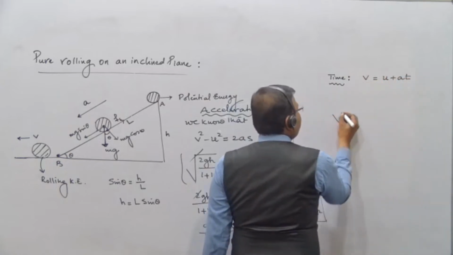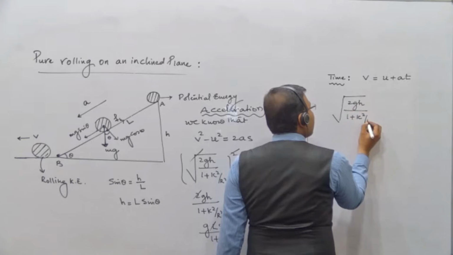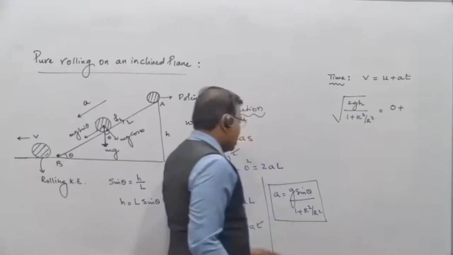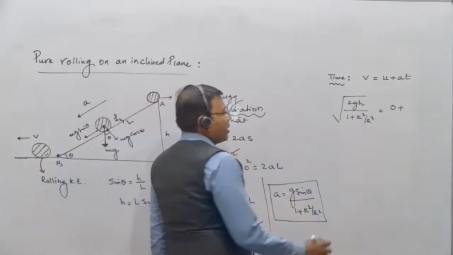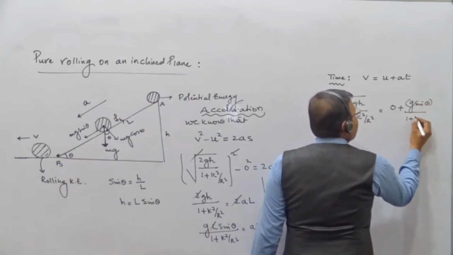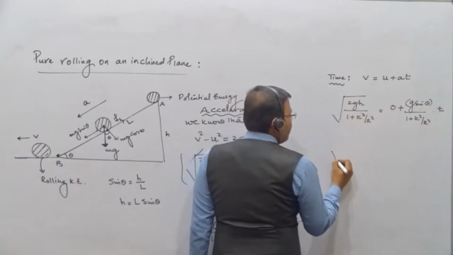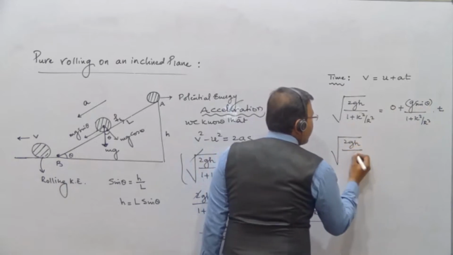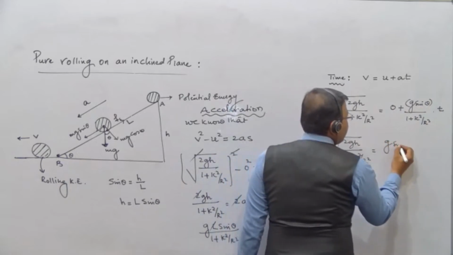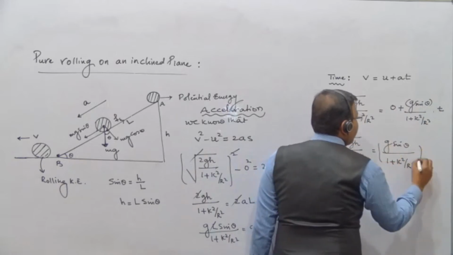We have seen v is under root of 2gh by 1 plus k square by r square, that is equal to, initial velocity 0 plus, what is a? a is g sine theta by 1 plus k square by r square, into t. Now from this, we can write 2gh by 1 plus k square by r square under root is equal to g sine theta by 1 plus k square by r square into t.